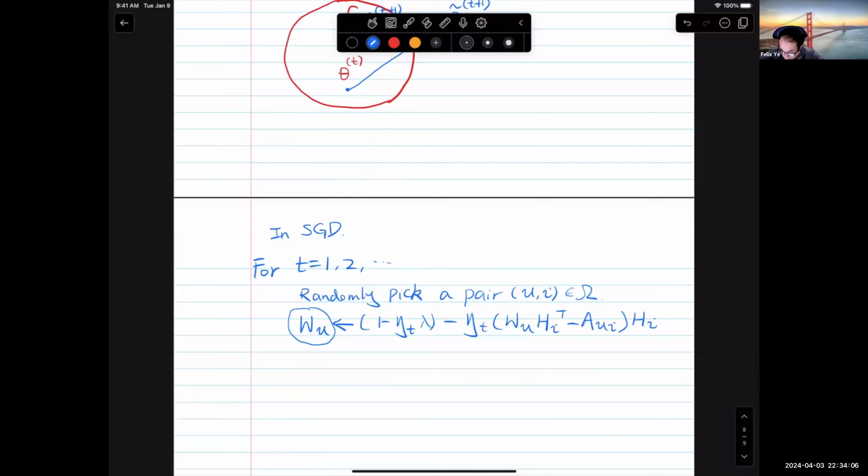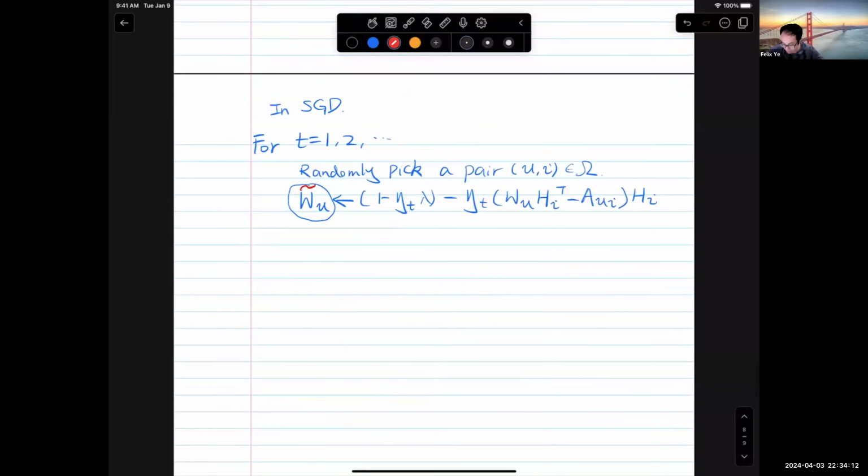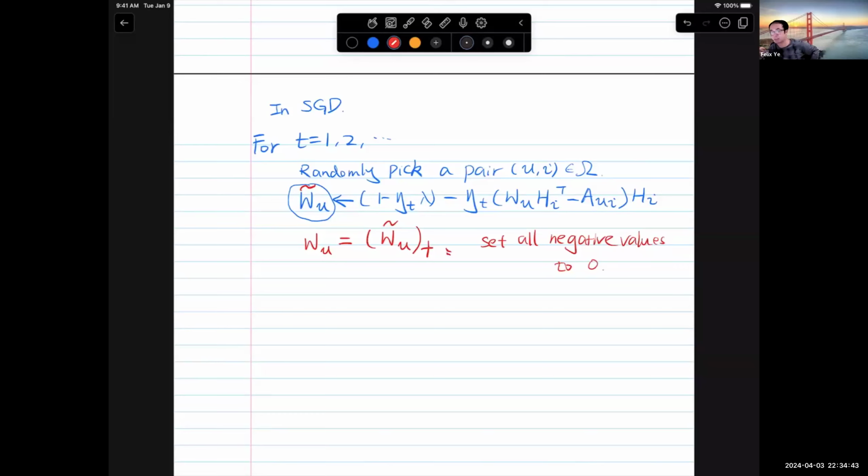So the change is I'm going to put a projection here. The new step is that the real W_u is projected back onto the constraint, so it's the positive part of W_u. What this does is set all negative values to 0: if it is negative, it is projected to 0.